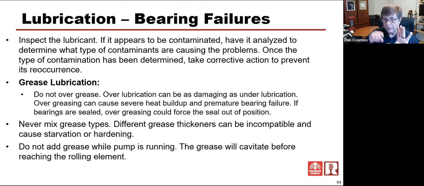You just want it at the bottom, so it's splashing in and carrying that oil up around the race of the bearings as they're rolling around in there. An oil mist is really nice. Oil bath is pretty good as well. However, any kind of oil lubrication really depends on that oil to be there. And in plants, oftentimes today, they don't have a lot of preventive maintenance that goes out and checks oil levels on a very consistent basis.